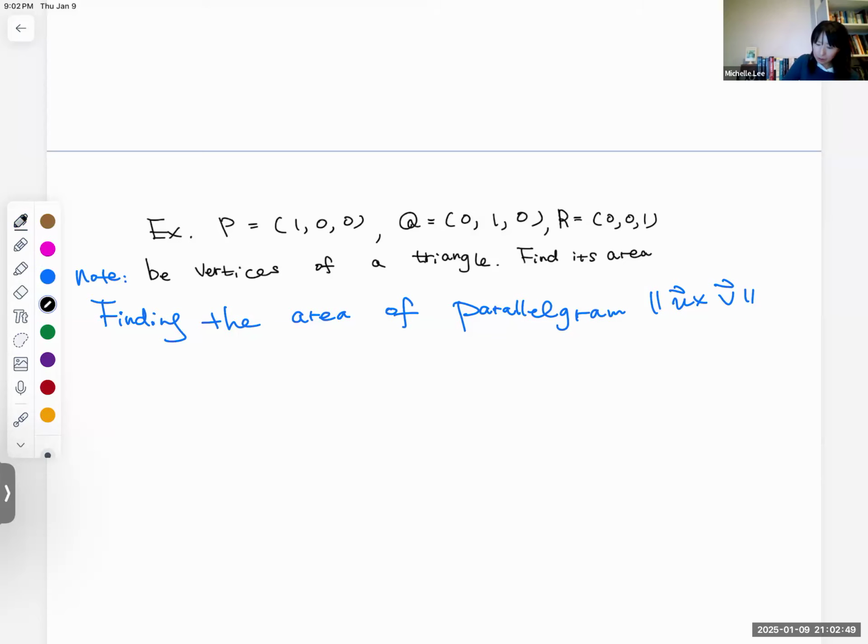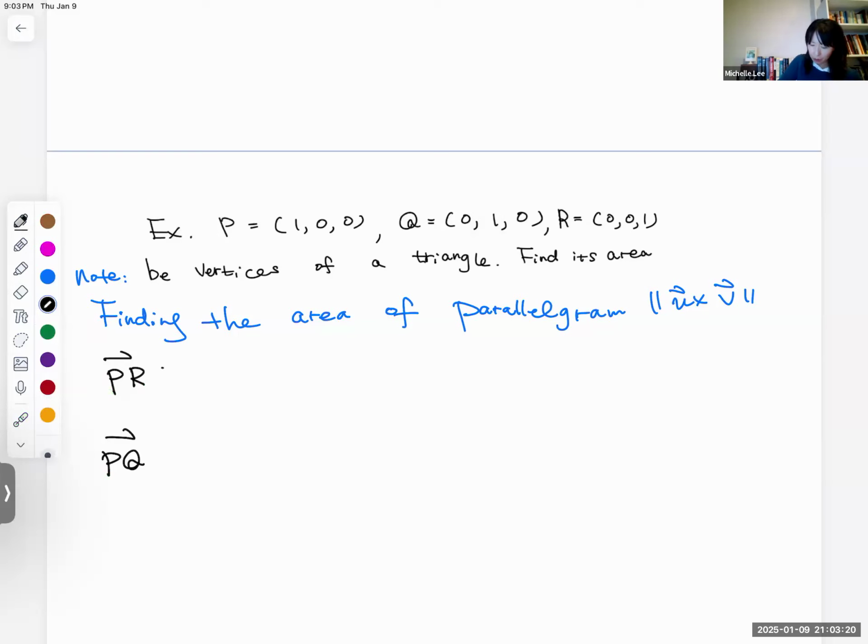Okay, so let's find out the vectors because these are the vertices, only the points. How do you find the vector? Let's find PR first, and PQ. So this is initial, this is terminal, this is initial, this is terminal.